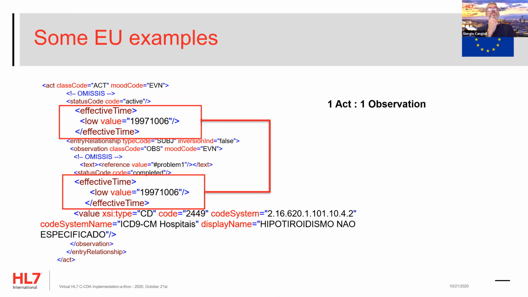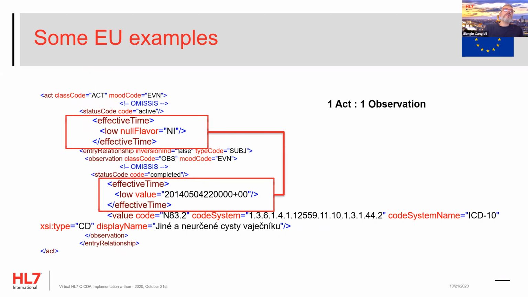One in which the effective time in the act is exactly the same, copied from the other one, and the other case in which we have the act with null flavor and the actual data are only in the observation.